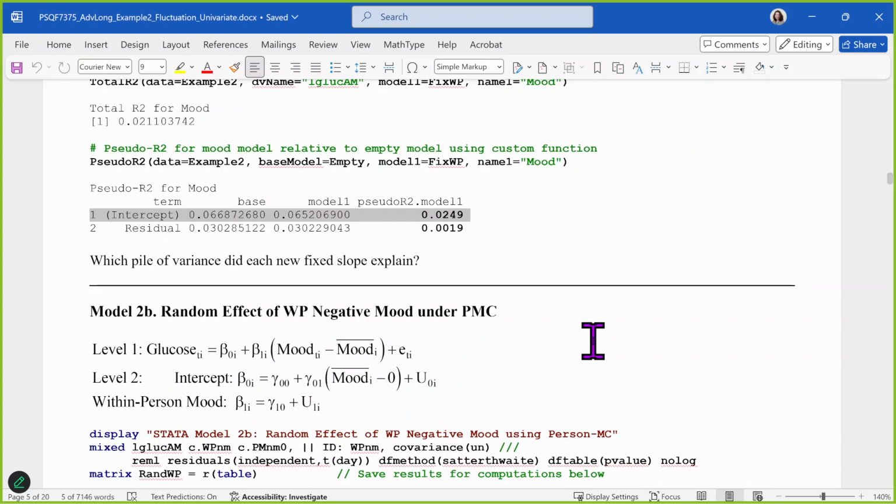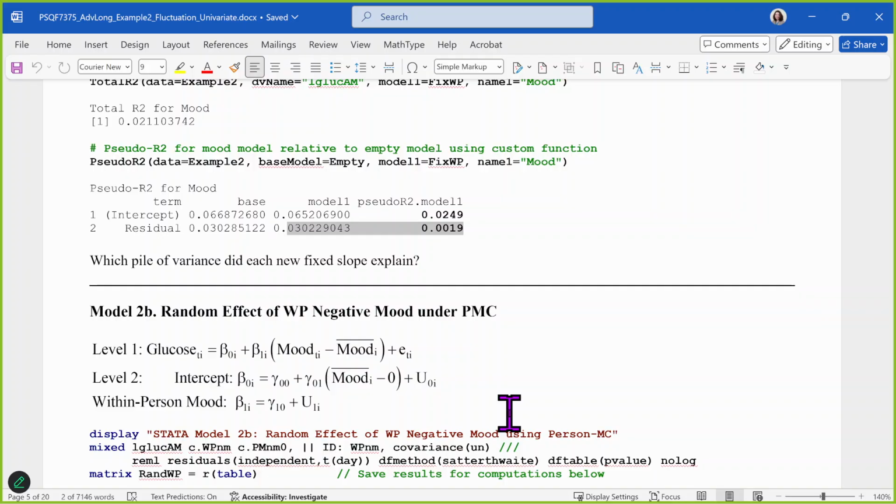We know that has to be from person mean negative mood because that's the only level 2 predictor in the model. So level 2 variance explained by a level 2 main effect of person mean negative mood. At level 1, we've explained very, very little variance, less than 0.2%, and that has to be due to the time-varying effect of negative mood within persons at level 1.